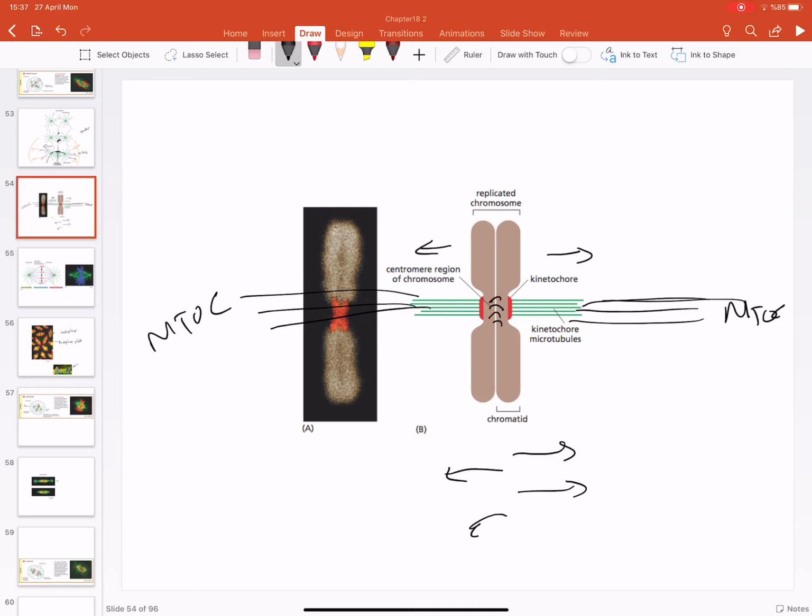Before these cohesion proteins are broken, the microtubules will not be able to break them. Of course, these microtubules are applying a force. For the big chromosomes, like the human chromosomes, there are dozens or hundreds of them pulling, depending on the size of the chromosome. If you're talking about the yeast chromosome, even one single microtubule is enough.